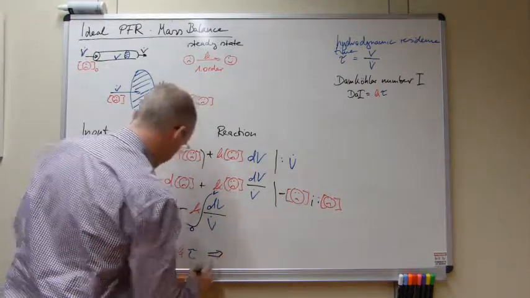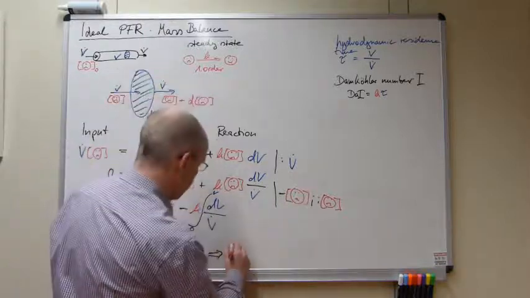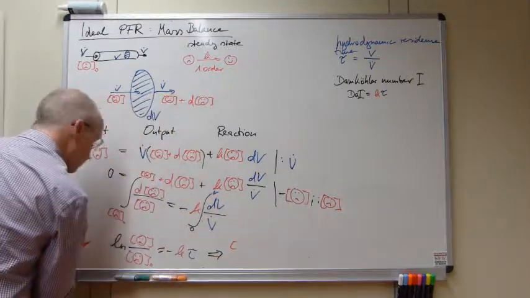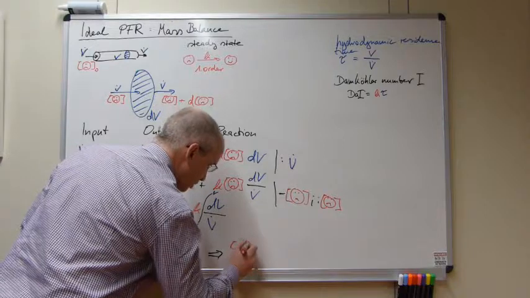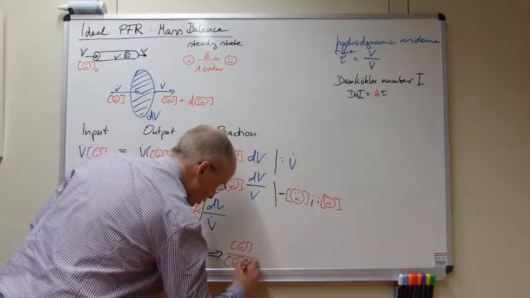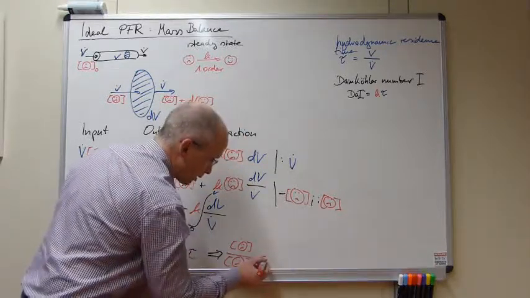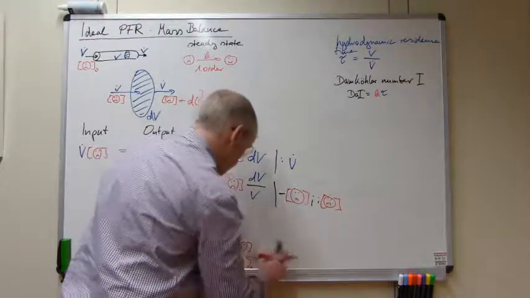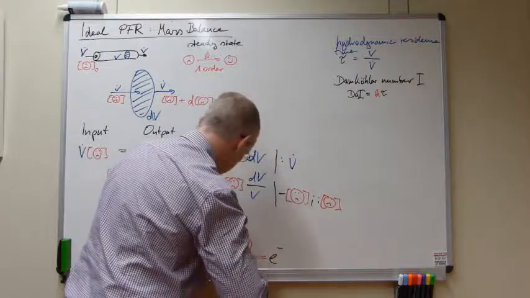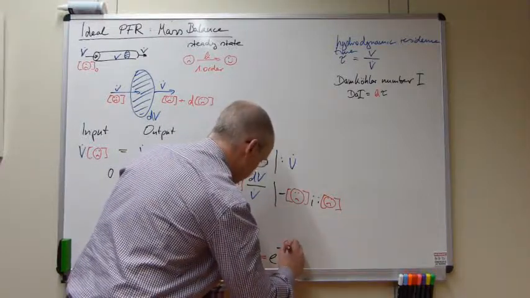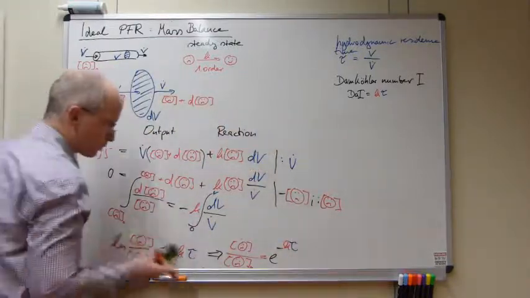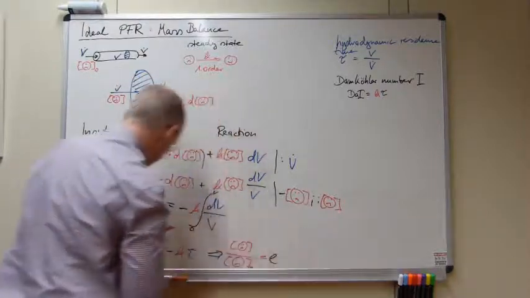We can rearrange that to something more familiar. We can say, okay, concentration of unhappy students to concentration of unhappy students initially is the exponential function of e to the power of minus k tau, or Damköhler number. Let's put Damköhler, just to confuse us a little bit.